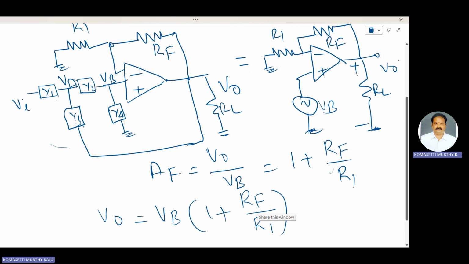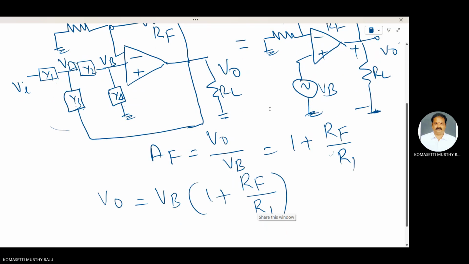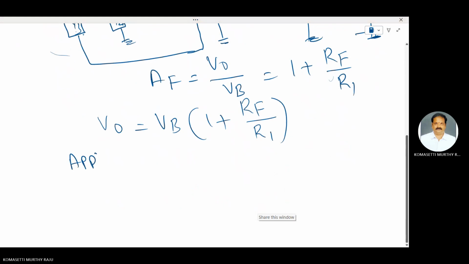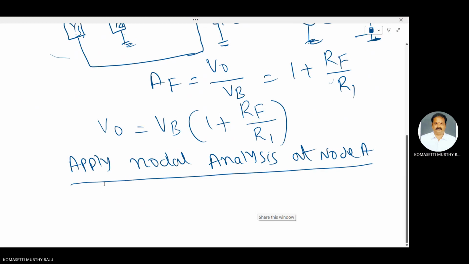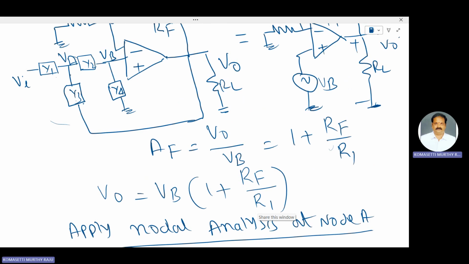Apply nodal analysis at node A. The node A voltage is VA. The admittances connected to VA are Y1, Y2, and Y3, and the adjacent node voltages are Vi and VB.